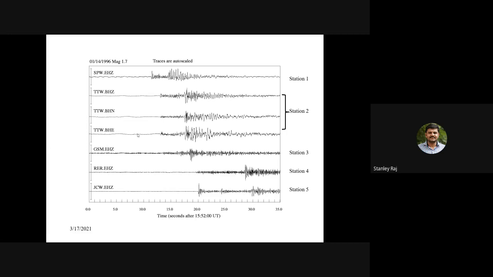If the next seismometer is located at SRM University or somewhere else around Chennai, it will take a very small fraction of a second to travel. That fraction of seconds can be calculated; that is the travel time of a seismic wave.